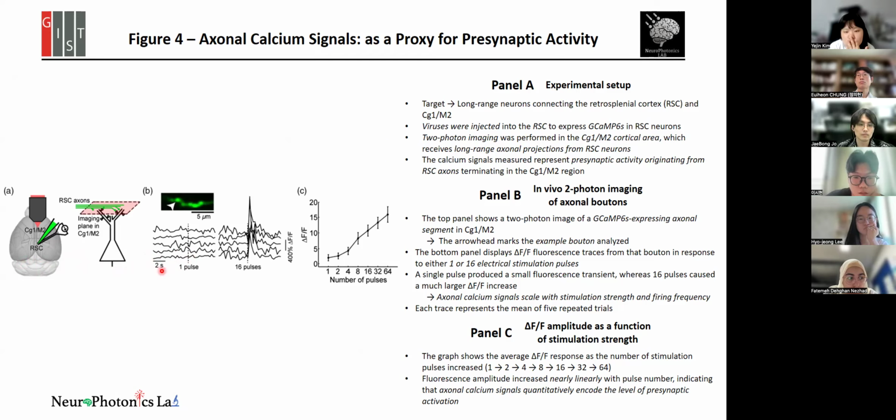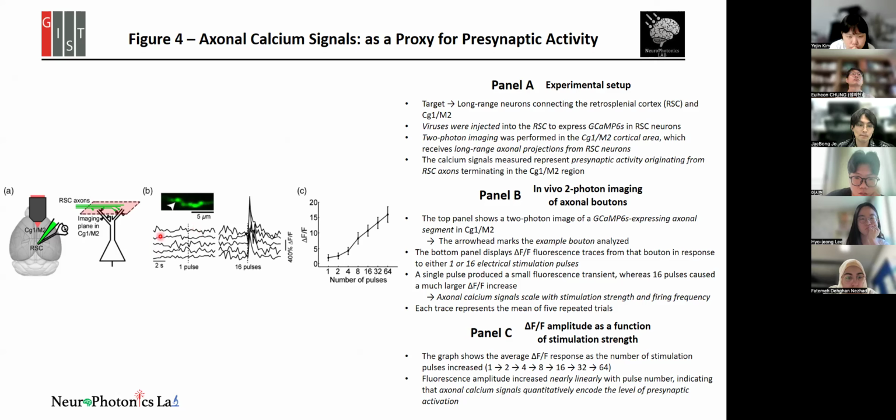And panel B shows the in vivo imaging result from axonal boutons. And the top panel shows the two-photon image of the GCaMP6s expressing axonal segment in CG1 and 2.